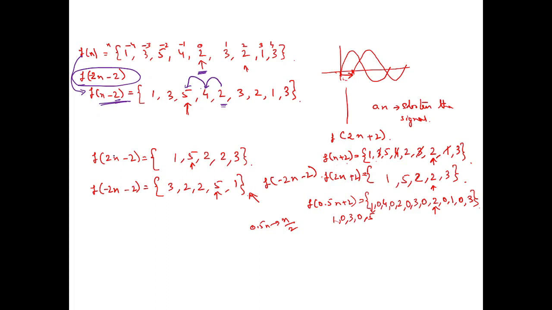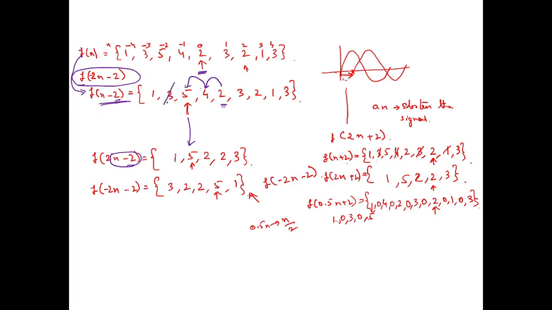Now 2n minus 2. Don't take it as 2 multiplied by n minus 2. Now your time scale has changed. So what happened in 2n minus 2? Shrinking. From this origin, you keep the origin value and then take every second value.